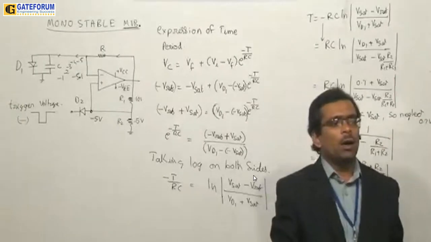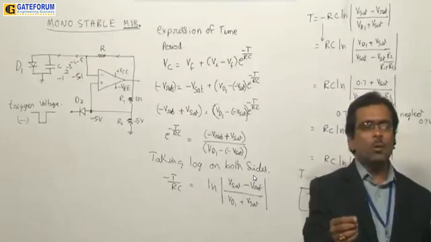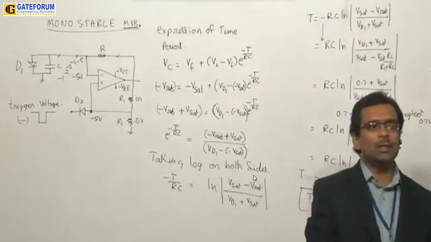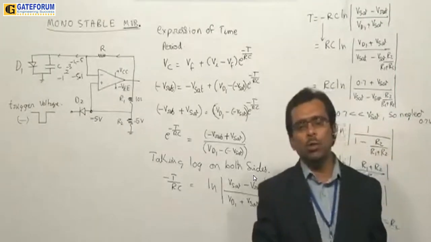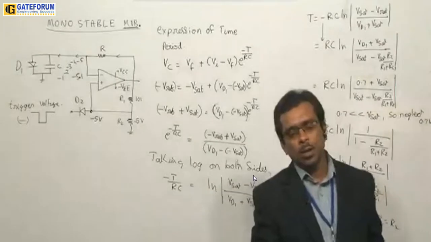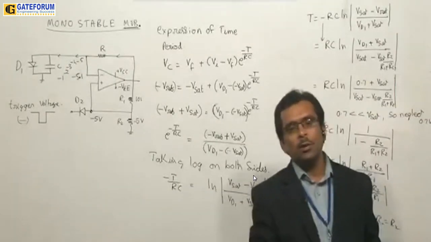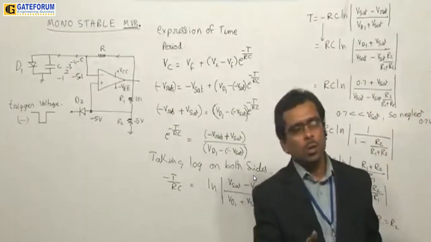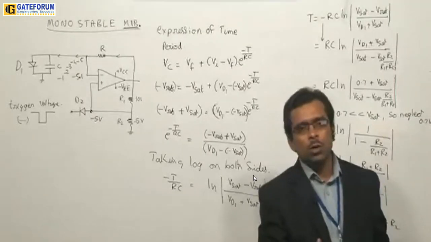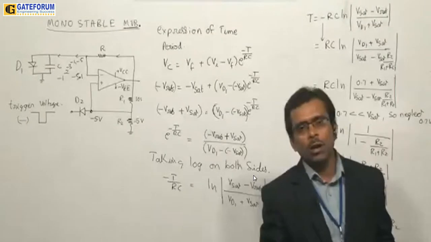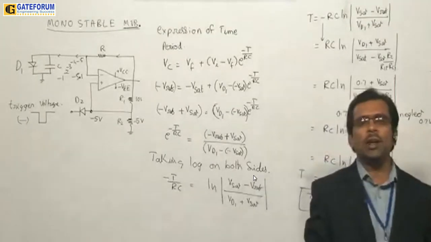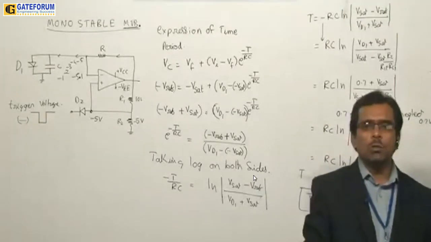So you can directly take the voltage across the capacitor, VC equal to 1 by C into integral of VI dt.